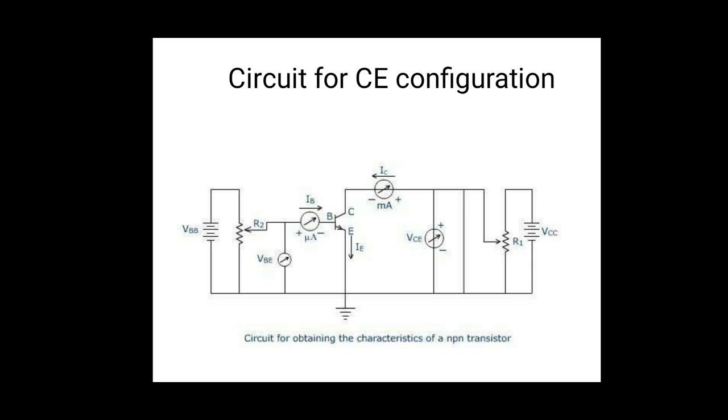So for this, see here, IB is the input current and VB is the input voltage, and VC is the output voltage and IC is the output current.